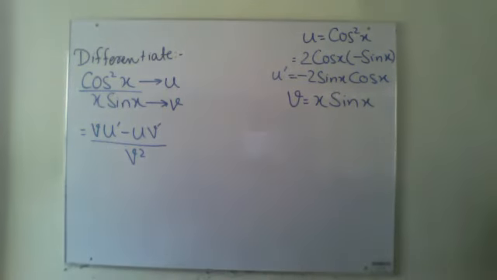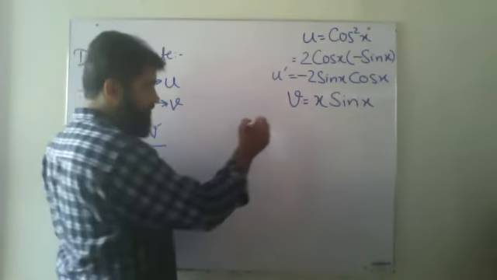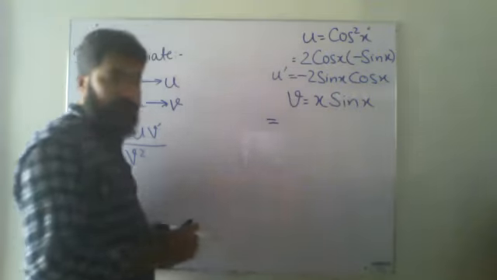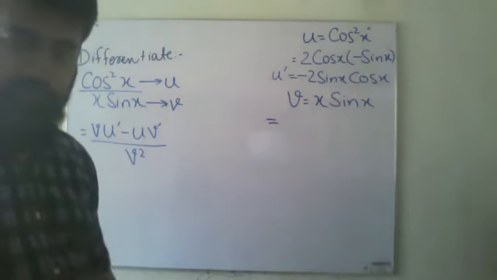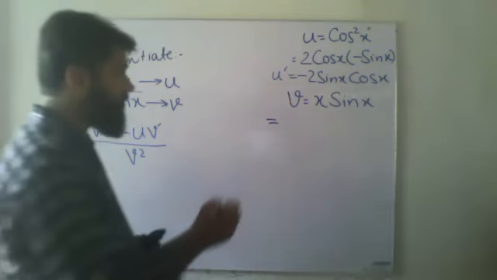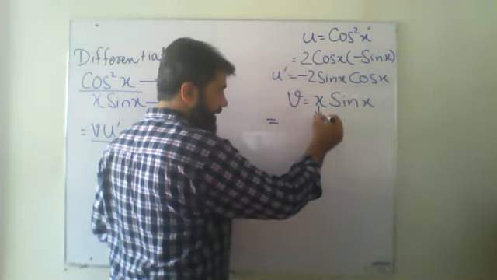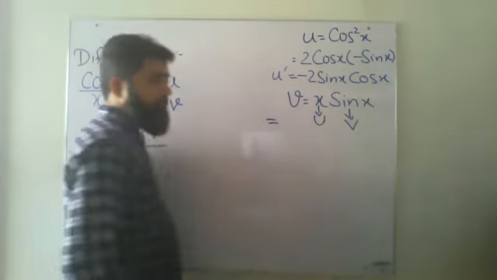This is given in a product form, and I can't simplify it further, so I have to apply the product rule over here when I'm going to differentiate this thing. What's the product rule? The product rule says u times differentiation of v, plus v times differentiation of u. This is my another u, I'm making it capital, and this is my another v, I'm making this one also capital.